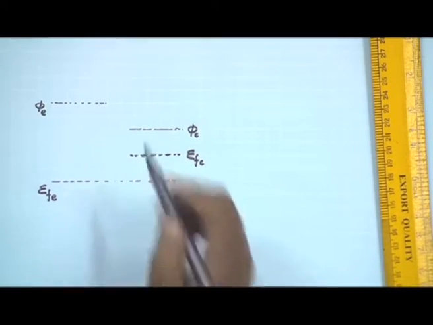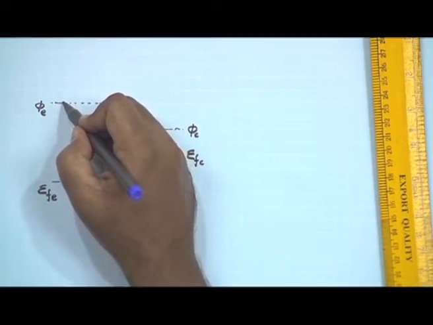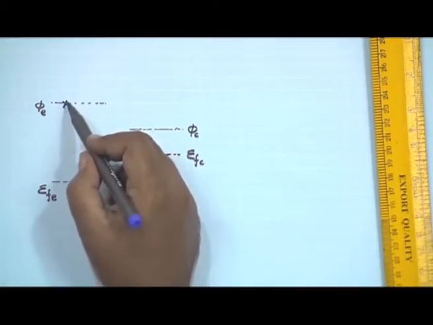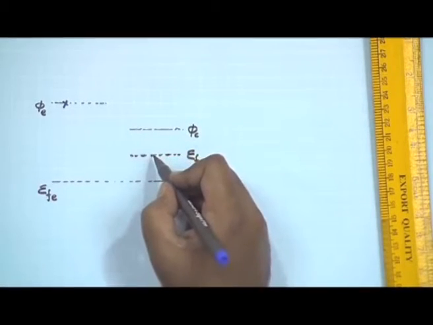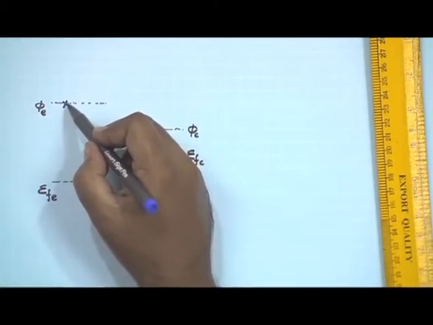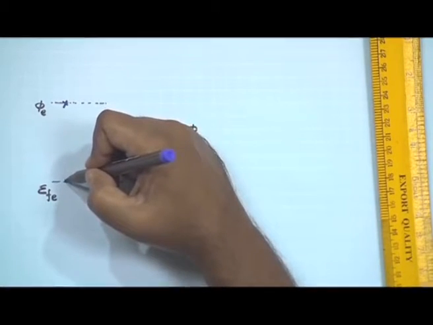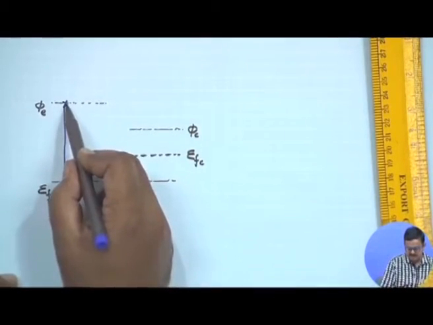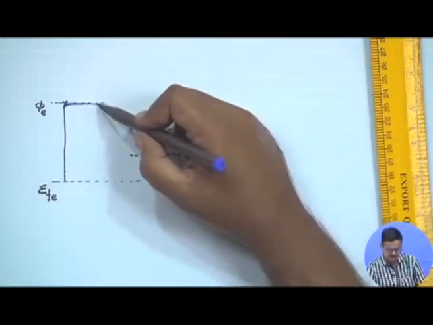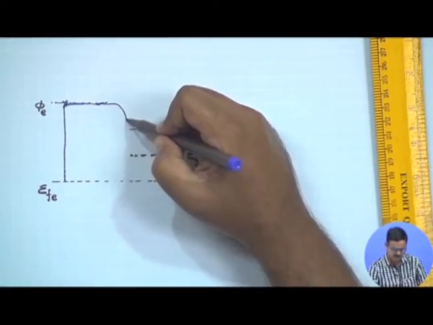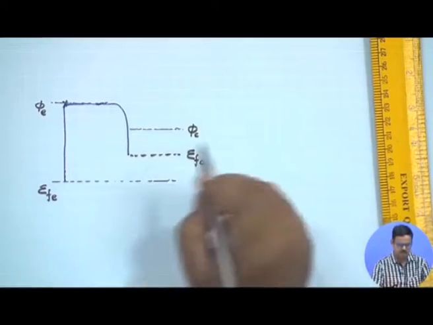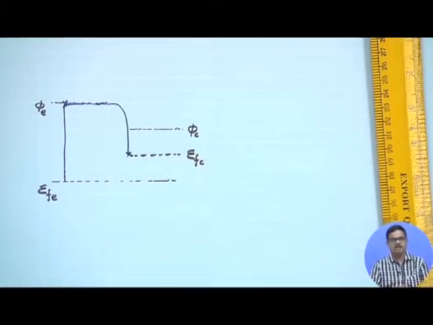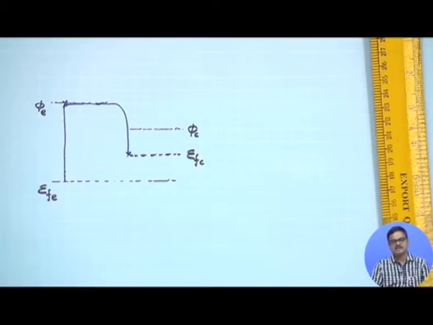So, therefore, what happens? If an electron goes to this level, it will dissociate from the surface and go to the collector, where it will give up the energy and come down to this level. I will draw it in this manner: it goes up and then comes down to the Fermi level of the collector surface.